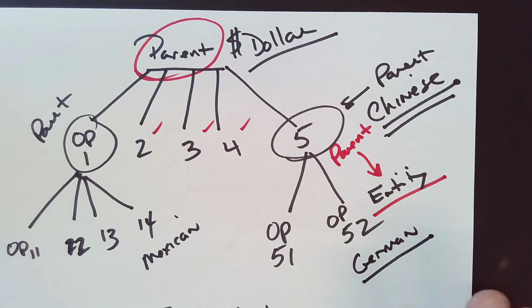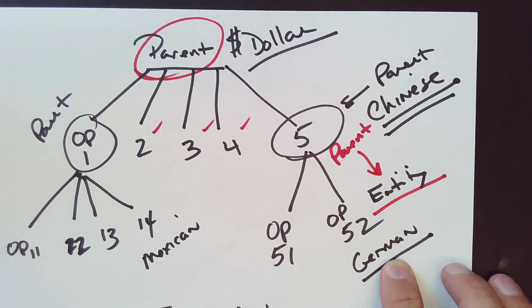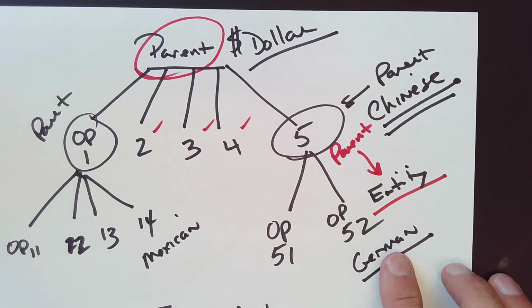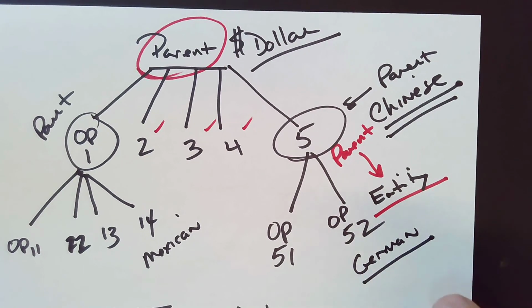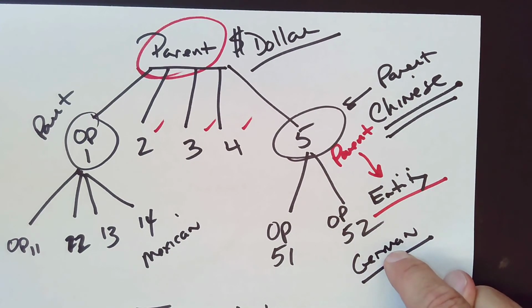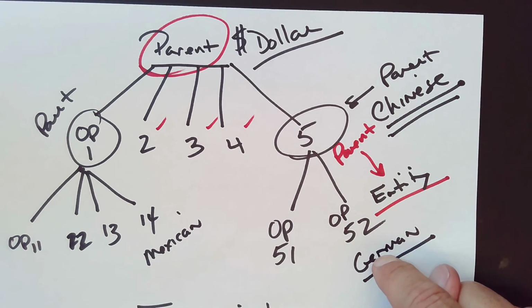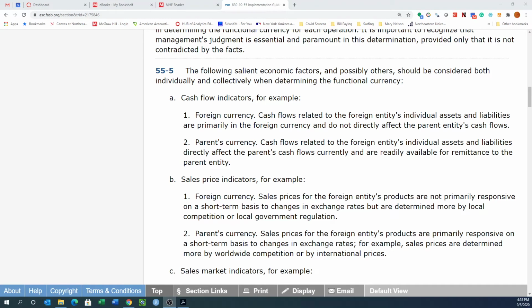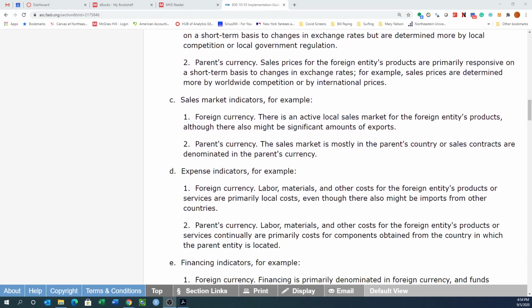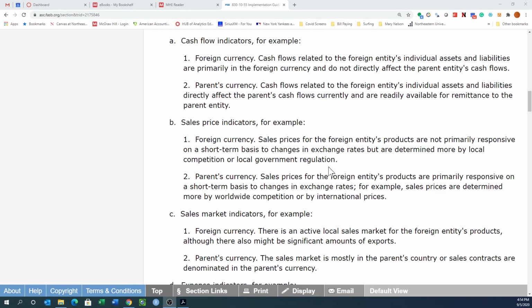But after you convert your German subsidiary to the Chinese yuan, because we determined that the functional currency is not the euro, it is the Chinese yuan, then this has to be remeasured. And again, it's a judgment call, right? All of this is a judgment call, sales price, sales markets, right? Who sets sales prices?